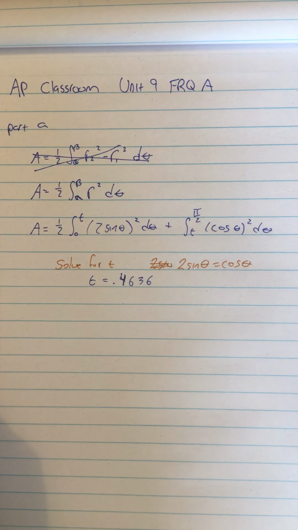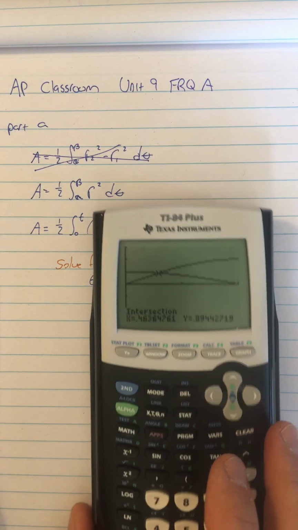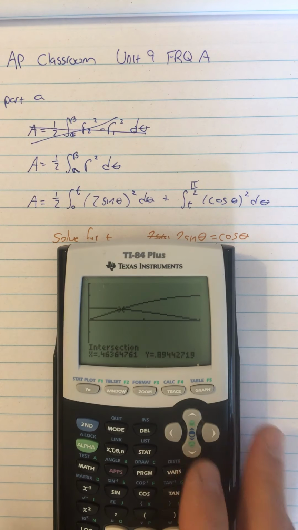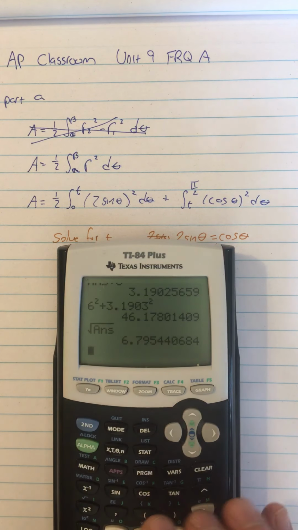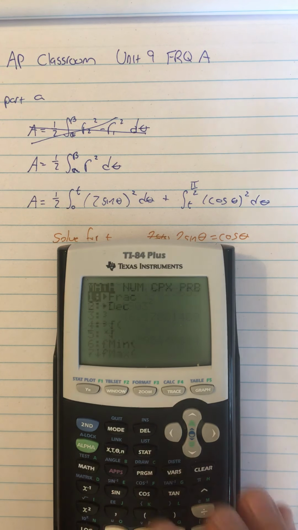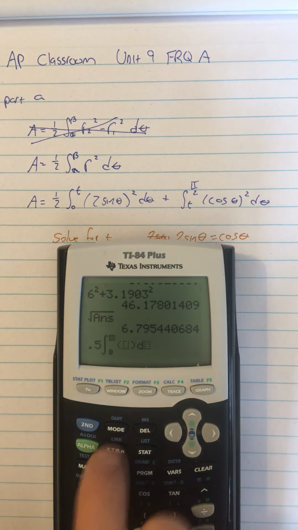So now they want us to find the integral. We can take advantage of the fact that this x is now stored as the x value as a variable in our calculator. So we can go to our integral window and go 0.5 because I'm too lazy to do 1/2. Then we're going to do math 9. We're going to do the integral from 0 to, and I just hit the x button.